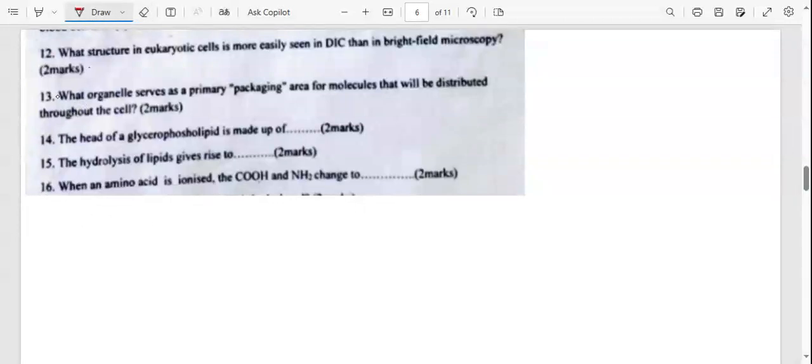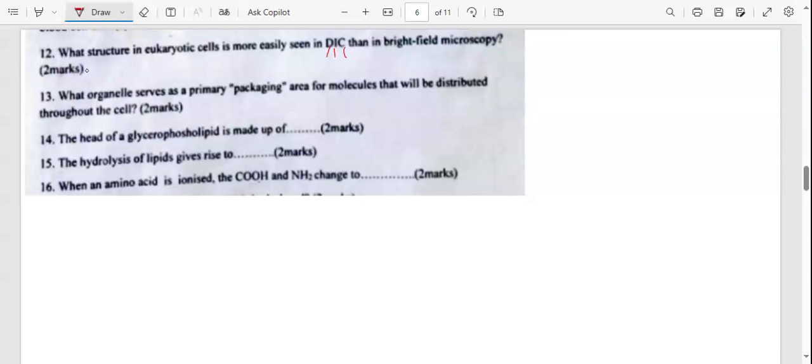So suppose now we're given question 12. What structure in eukaryote cells is more easily seen in DIC, the differential interference contrast microscope, than in a bright field microscope?